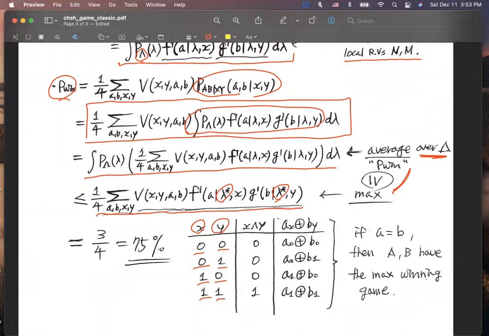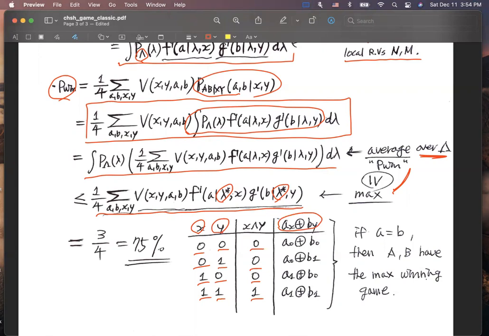So the x and y pairs can be 00, 01, 10, 11, and also this is all the a XOR b values from Alice and Bob. So just think about when they can win the game maximally, with the maximum game strategy.